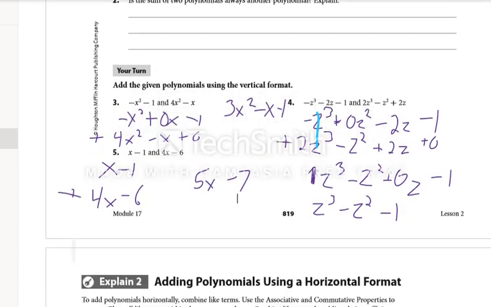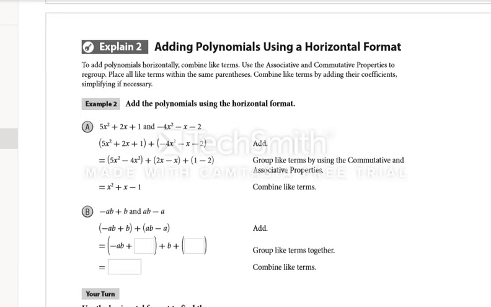Now the other method, adding them using a horizontal format. You can also group them together as like terms, combine the like terms, and add their coefficients, and then simplify at the end. All right.